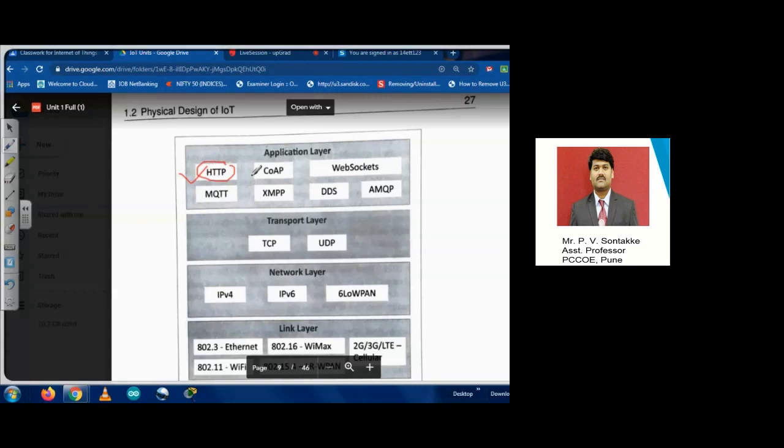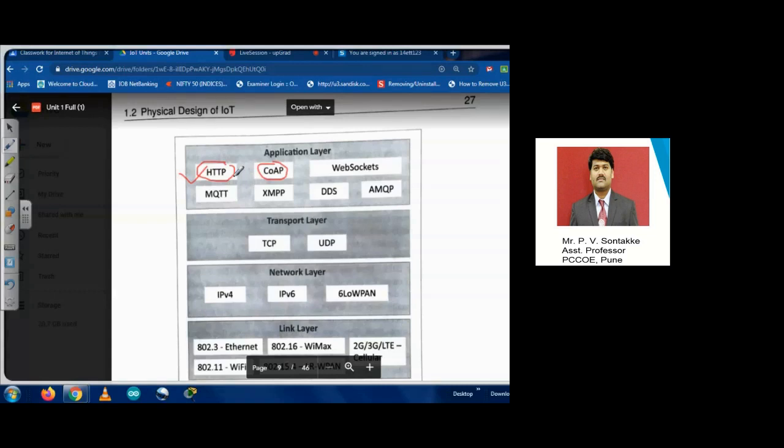Now we are going to discuss some different application protocols in IoT. Take an example, the first is the CoAP protocol. It's the Constrained Application Protocol. The name itself indicates its meaning. Constrained means this particular protocol can work in a constrained environment, for constrained devices, for constrained networks.